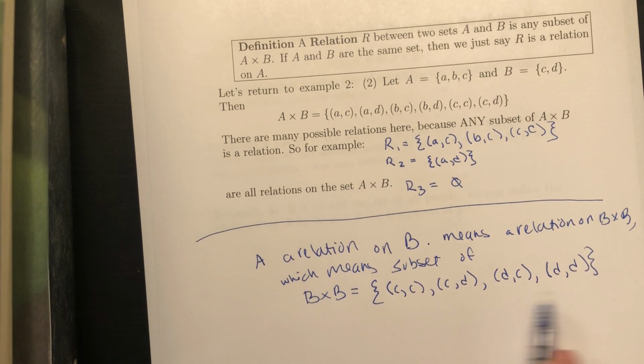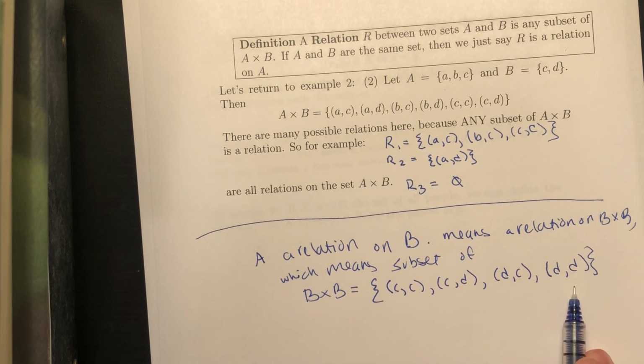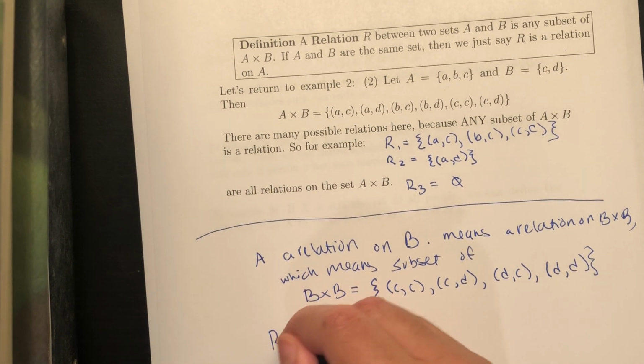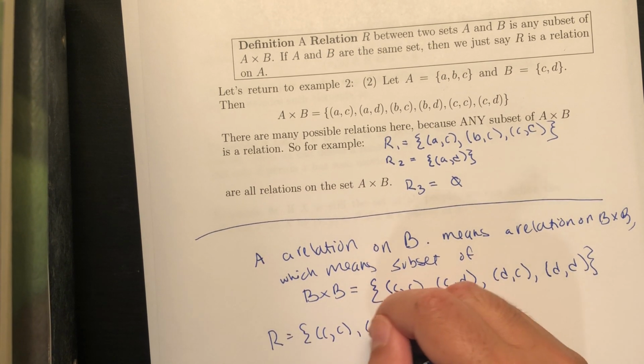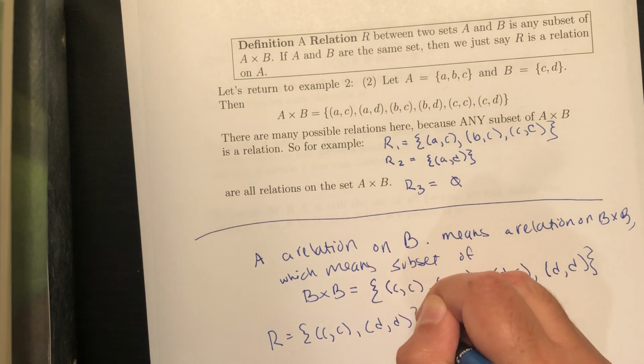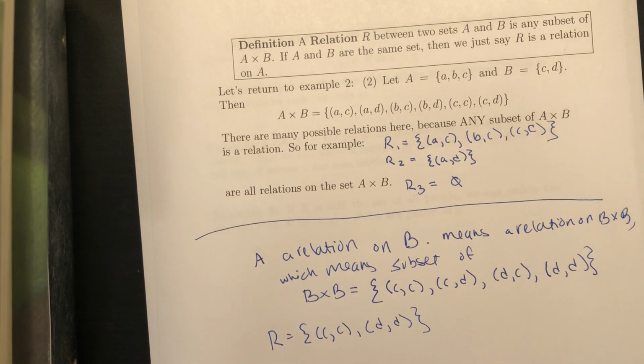So any subset of this Cartesian product would be a relation on B. For instance, if we define R to be the set containing CC and DD, that's a relation on B cross B.